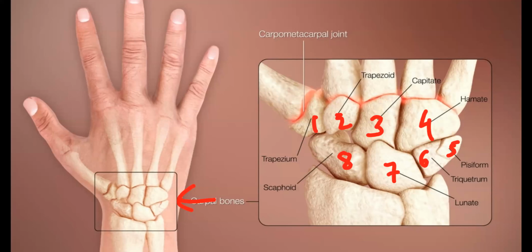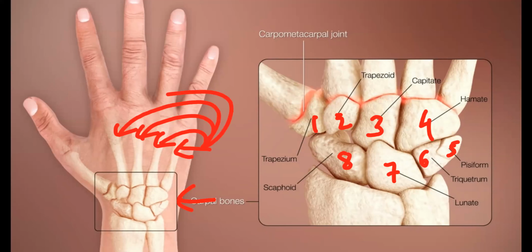Very small bones. 8 of them in your wrist. These are the carpals. What do you call these bones as? Metacarpals. Okay.